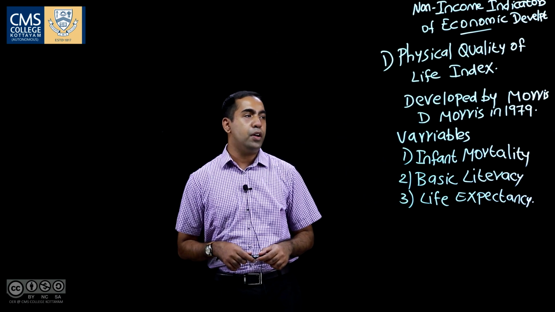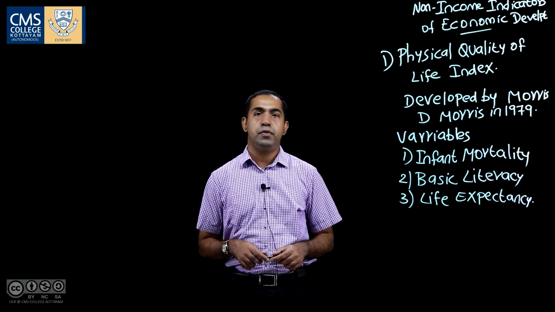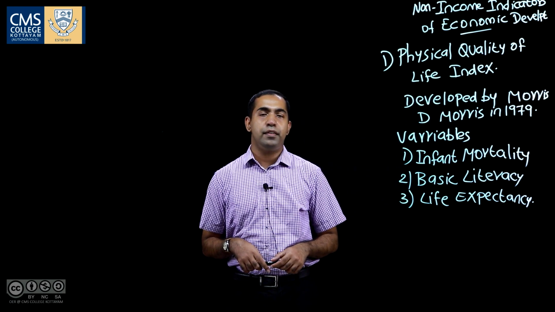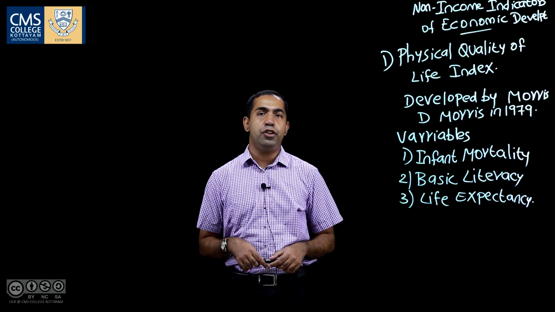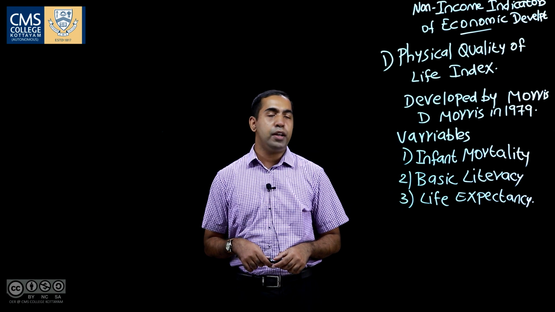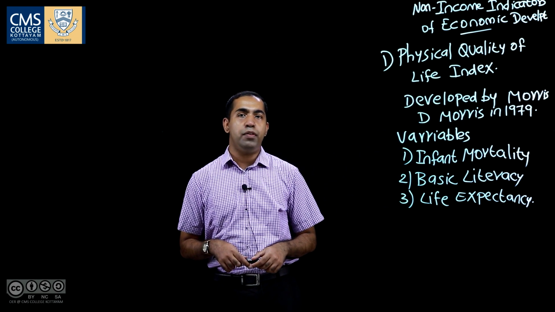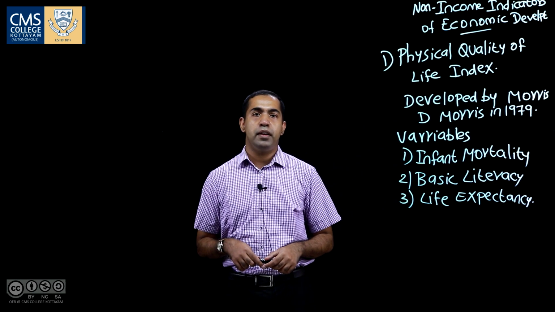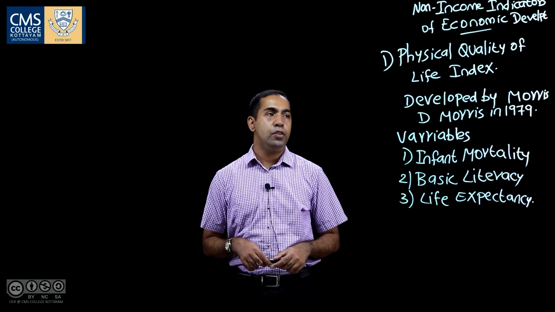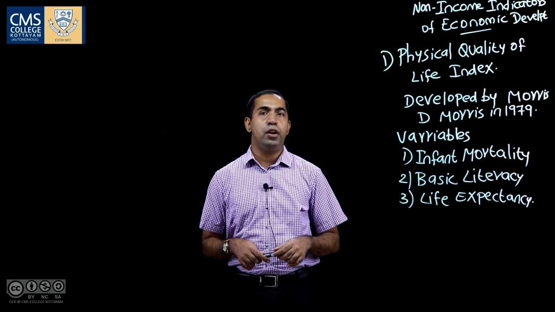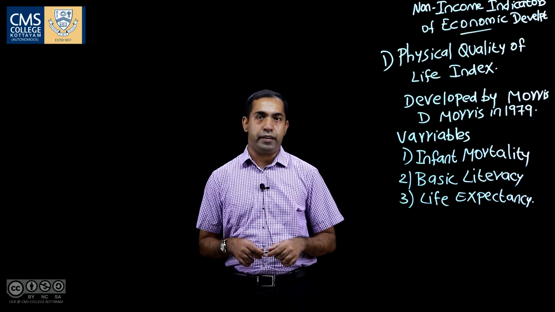The second one is basic literacy. That is the basic educational attainment of people in a country. The third one is life expectancy. This is the average number of years a person of a country is expected to survive. So, these are the three variables of the physical quality of life index.